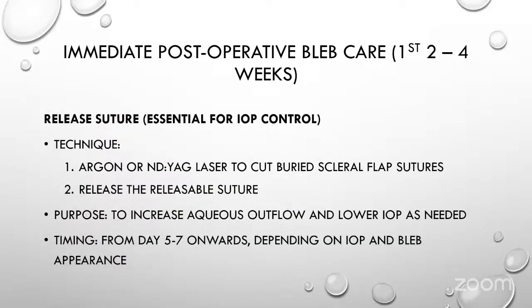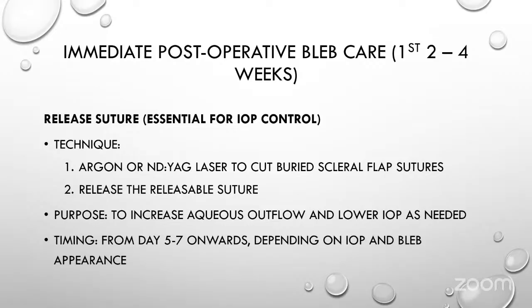The use of releasable suture, or the advent of the ability to modulate sutures that have been applied over the scleral flap, is actually one of the recent advances that has improved successes following trabeculectomy, in the sense that where permanent sutures were placed, you may run into a situation whereby the sutures are too tight or too loose.